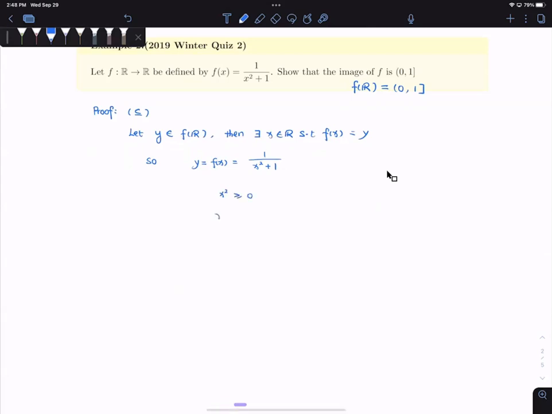So x squared plus 1 is greater than or equal to 0 plus 1, which is 1. And then you take the reciprocal. Remember, when you take the reciprocal, you need to flip the inequality sign. So this tells you 1 over x squared plus 1 is less than or equal to 1. Okay?